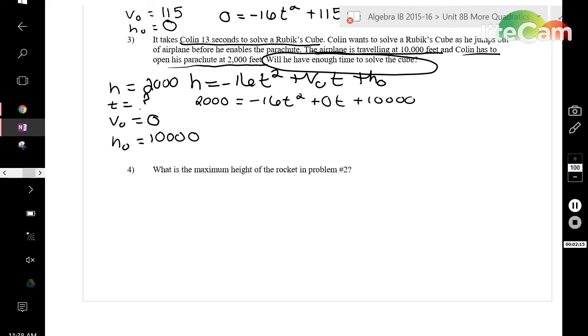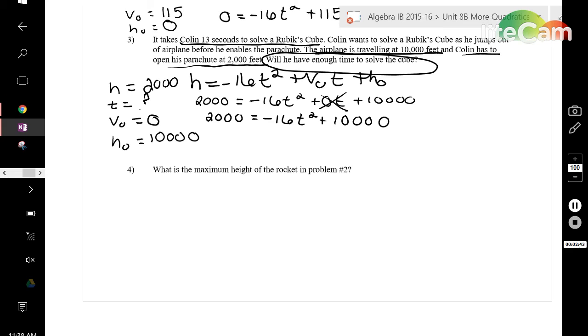Now there's two ways to solve this problem. One way, you can make it equal 0 by subtracting 2,000 on each side, and then use the quadratic formula. In my opinion, an easier way is, since I know 0 times anything is 0, I don't need that middle term on the right side. So I can have 2,000 equals negative 16 t squared plus 10,000.